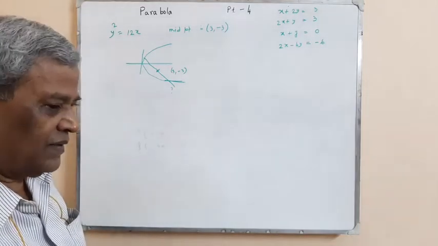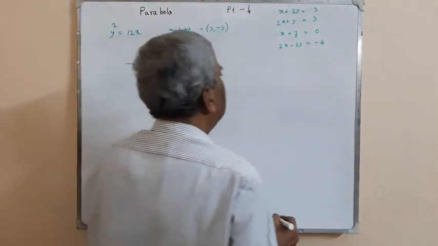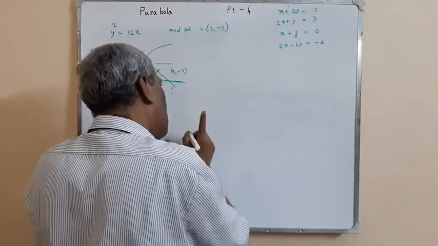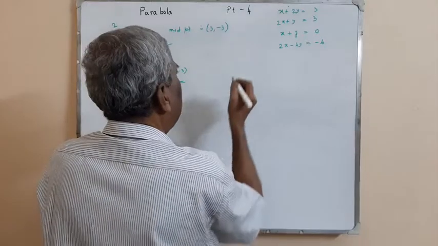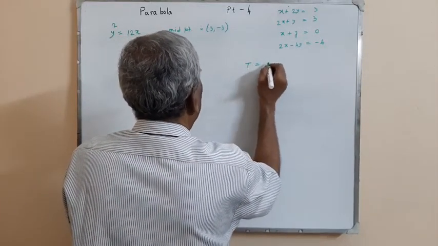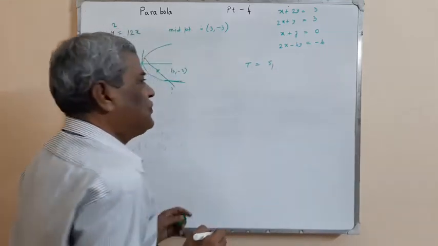There is a formula. I told you that if the midpoint of a chord of a parabola is given, then its equation is T = S1. What is T?